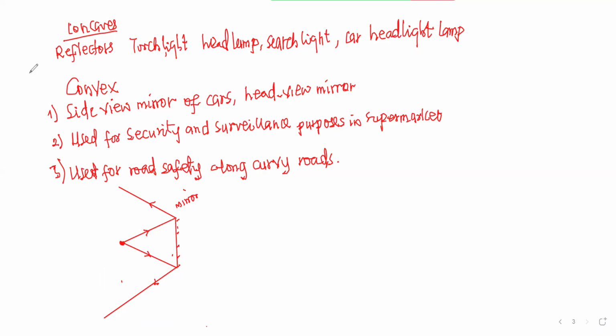Now, an observer here, this is an observer's eye, sees the image of the object within this range. The image of the object would appear here.